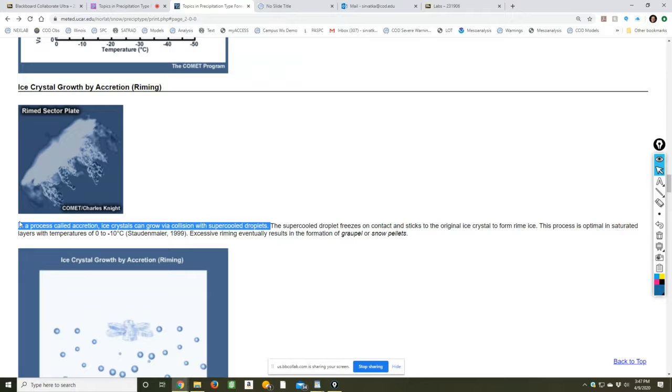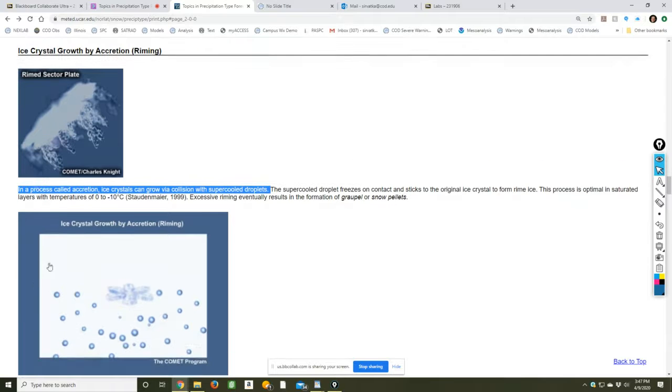Well, what's more similar in structure to ice than ice itself? So I've got this crystal falling into supercooled water, and when it does that, that supercooled water will freeze right onto it, and you get growth by accretion. So accretion over here is this video.